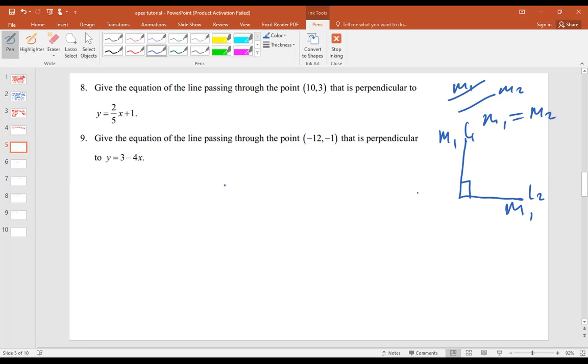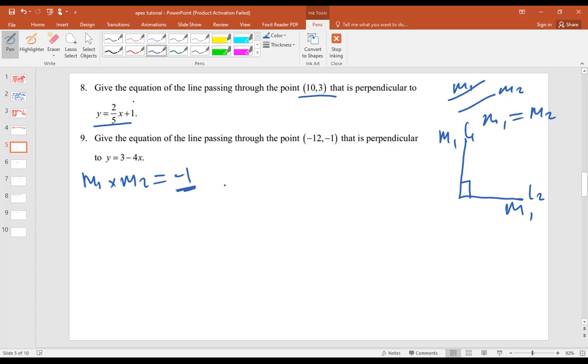What this means is that when you multiply their gradients, M1 and M2, the answer you are supposed to get always is -1. So if they say these two lines are perpendicular, when you find the gradient of this line and the gradient of the line passing through this point, and multiply the two, the answer should be -1.